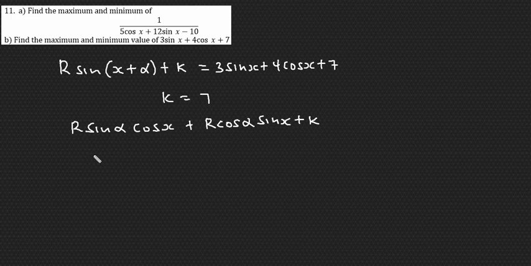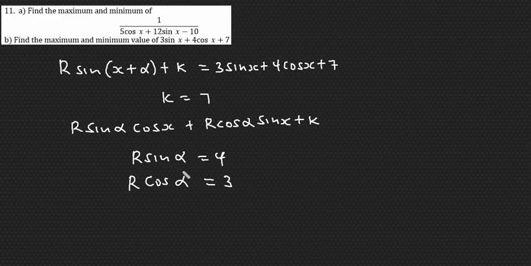So if I compare now, the coefficient of cos, I have a 4, and the coefficient of cos here I have R sine alpha. So R sine alpha is equal to 4. If I compare the coefficient of sine, I have R cos alpha equal to 3.